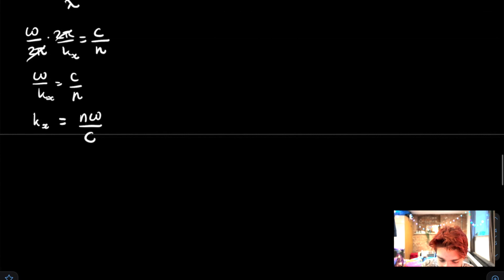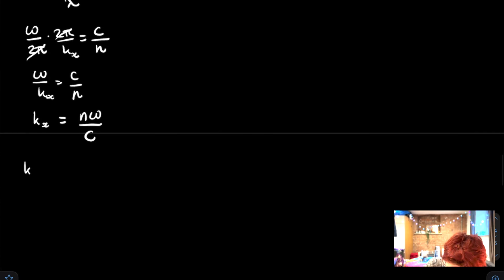Now what we can define is k naught as being the wave vector, and we actually should probably put an x right there, in free space. So this essentially means that this is what our k value will be if the refractive index is 1. So this is in a vacuum or something.